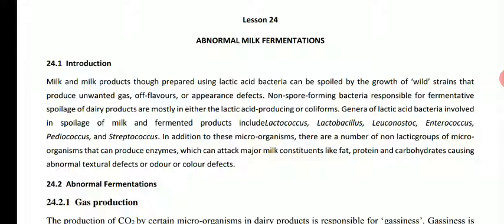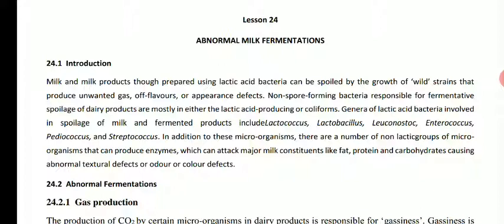Besides normal fermentations, there are some abnormalities that are related to normal fermentation, and these are studied under abnormal milk fermentation. So we know that milk and milk products prepared using lactic acid bacteria can be spoiled by growth of wild strains that produce unwanted gases or flavors or appearance defects.